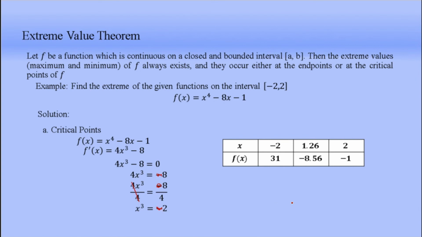We're going to find the cube root of x cubed, and also find the cube root of 2 to cancel out the x cubed. So the cube root of x cubed is x, and then the cube root of 2 is 1.586.